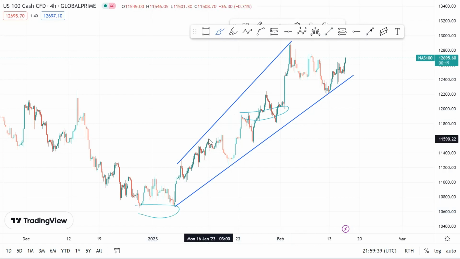We actually took a trade here, okay, which helped us.